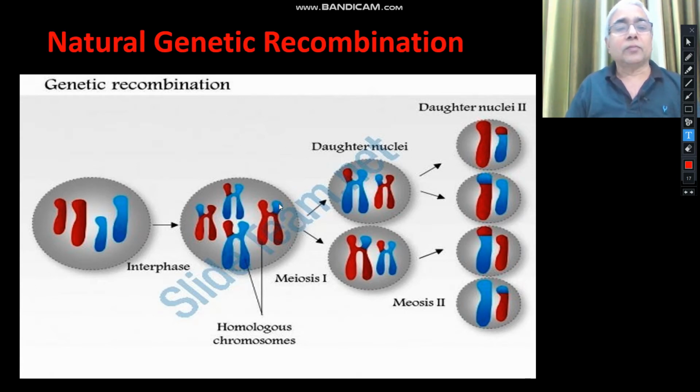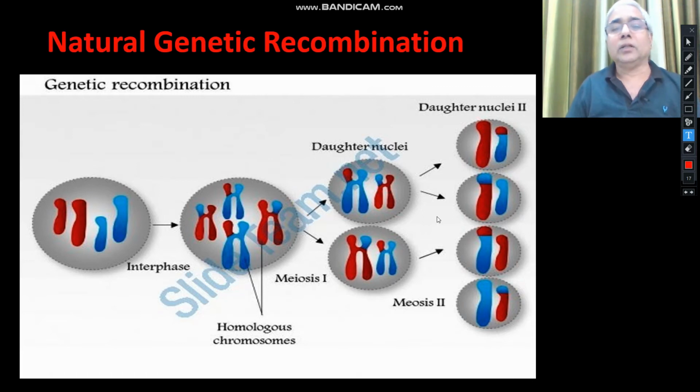In this way, some part of the gene is carried by one homolog, whereas its broken piece is carried by another homolog. In this way, the same two characters, yellow and round, green and wrinkled, now produce four different types of combinations, which you observe in Mendel's experiment.